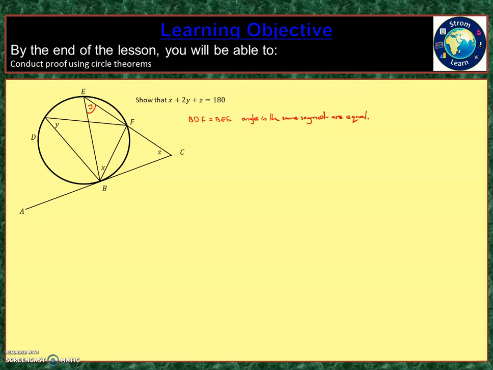What else can I do from here then? Well, if I think about triangle BFE, no, not BFE, sorry. Actually, there's not really any reason why I can't use BFE, I can think about angles in the alternate segment. And that's going to tell me that this angle here is y.